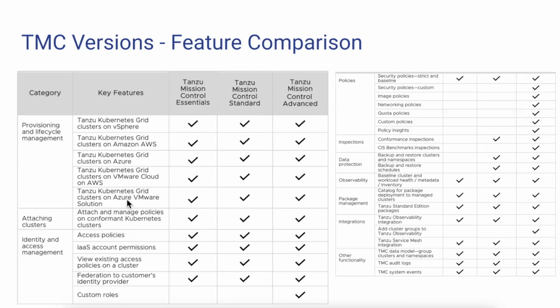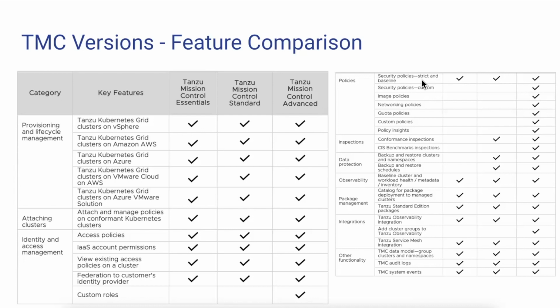These are several features which are a part of TMC, Tanzu Mission Control. And you see what is supported under Essential, what is supported under Standard, and what is supported under Advanced. Advanced basically supports everything. Standard supports a few less things; especially it doesn't support some of these policies, like image policy, networking, and quota. Only security policies, which are strict and baseline, are supported.